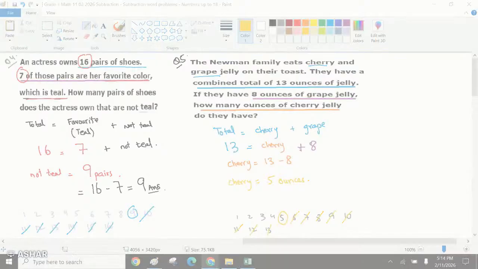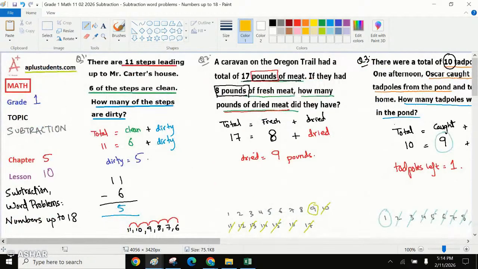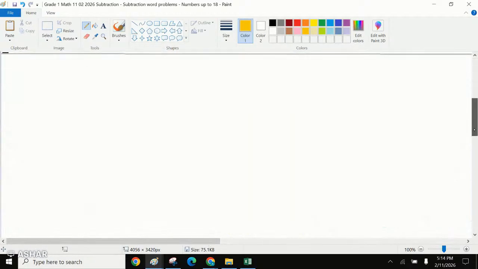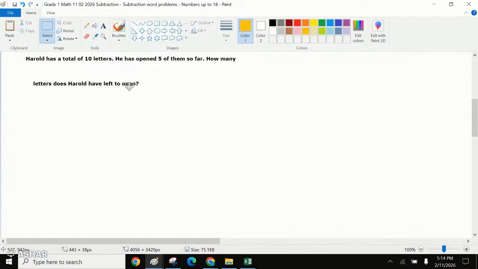A number that is below 10 is quite easy because we can count it on our fingertips, right? So Harold has a total of 10. The next question, just a moment. This is our question number 6. Let me realign.